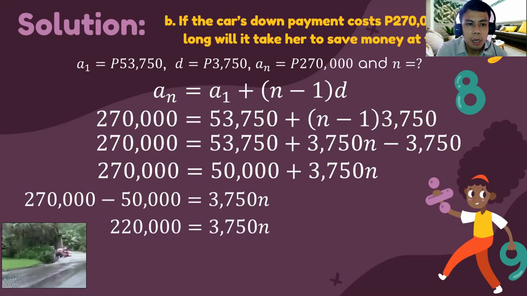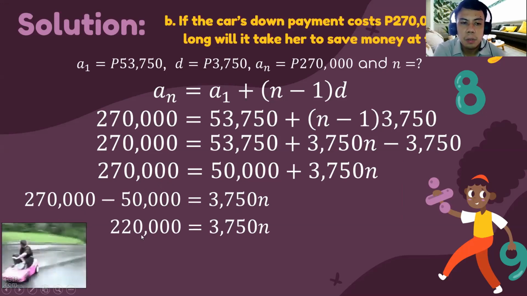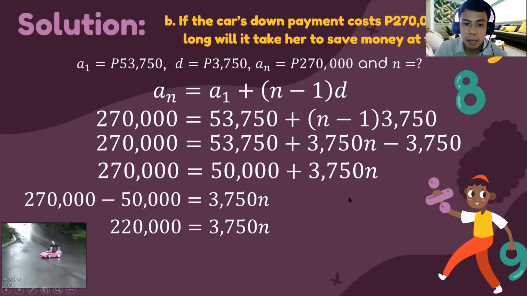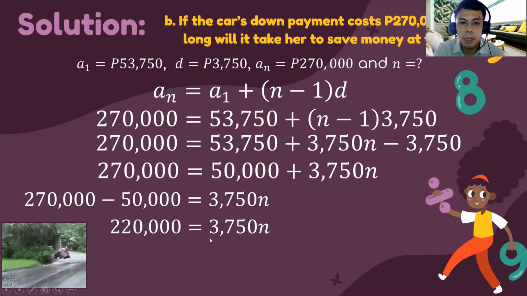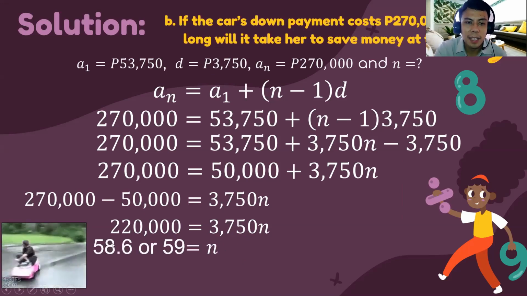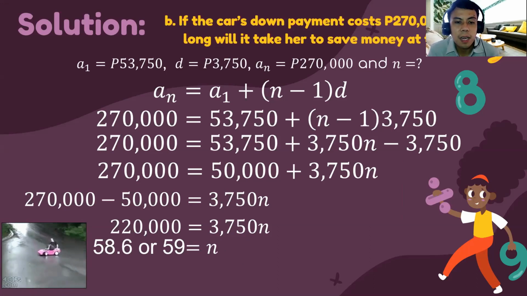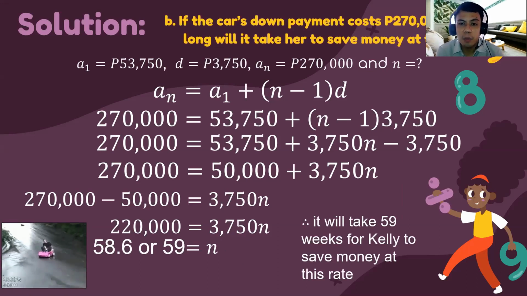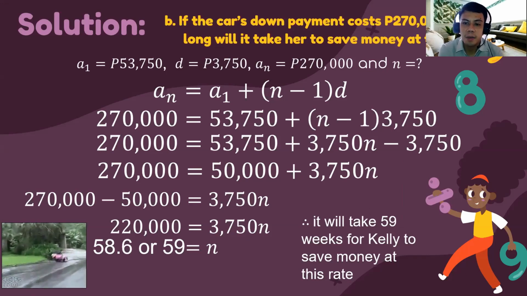Okay, so subtract: 270,000 minus 50,000, that is 220,000 pesos. And since your goal is to find n, we will divide both sides by 3,750. So your n is equal to 58.6 or 59. So it will take 59 weeks for Kelly to save money at this rate.